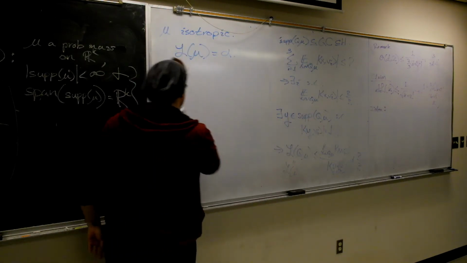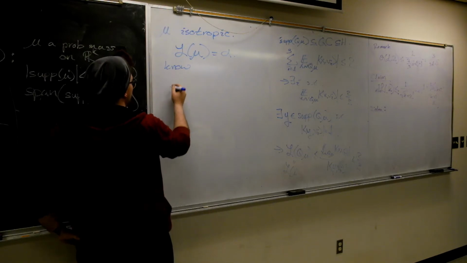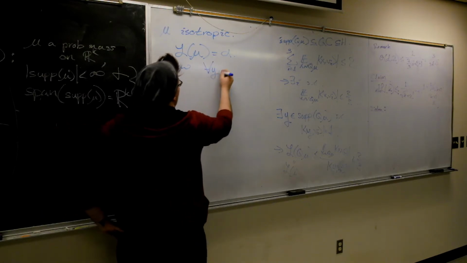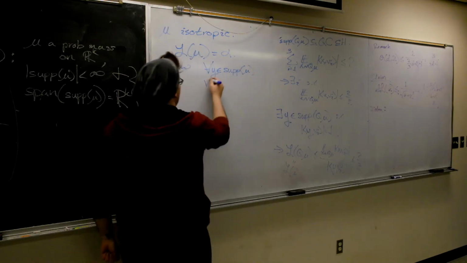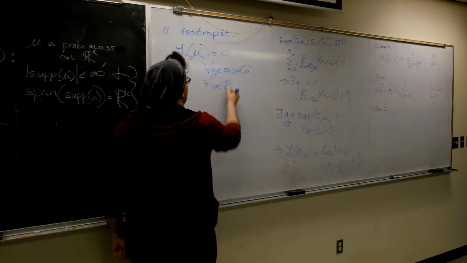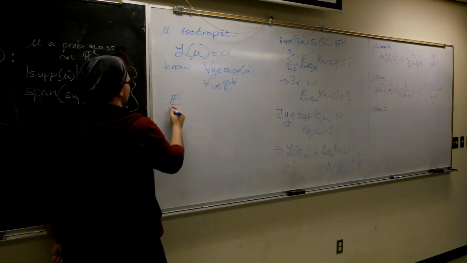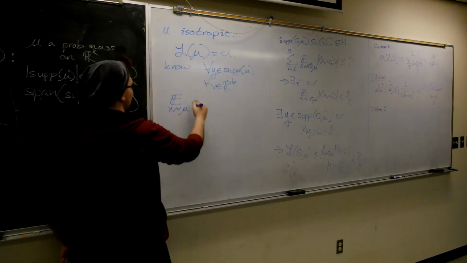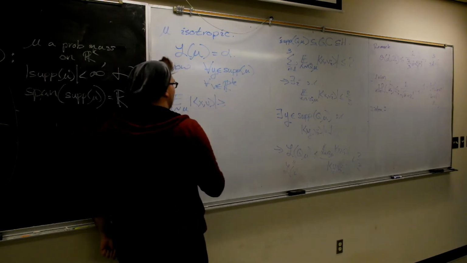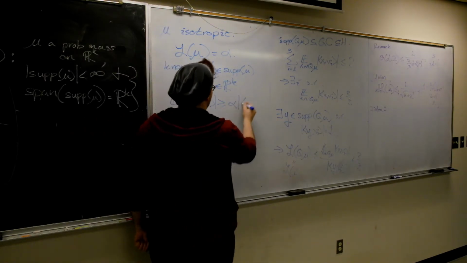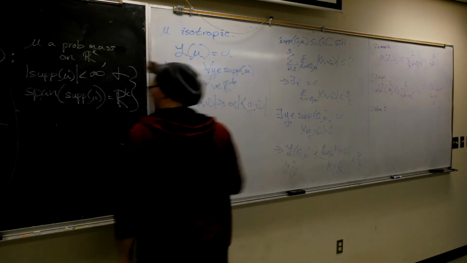Well, I know, just by using the definition of L of mu, that for every y in the support of mu, and for every v in R to the k, say mu is on R to the k, the expected value of x distributed according to mu, absolute value of x with v, is bigger than or equal to alpha times the inner product of y with v.